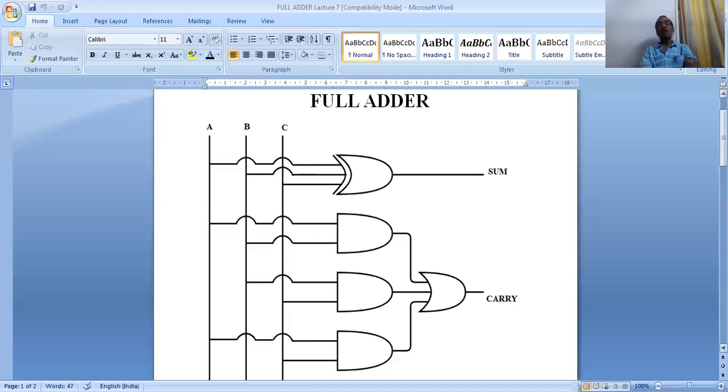The output of first AND gate, the output of second AND gate, the output of third AND gate are connected to the OR gate. What is the difference between OR gate and AND gate?